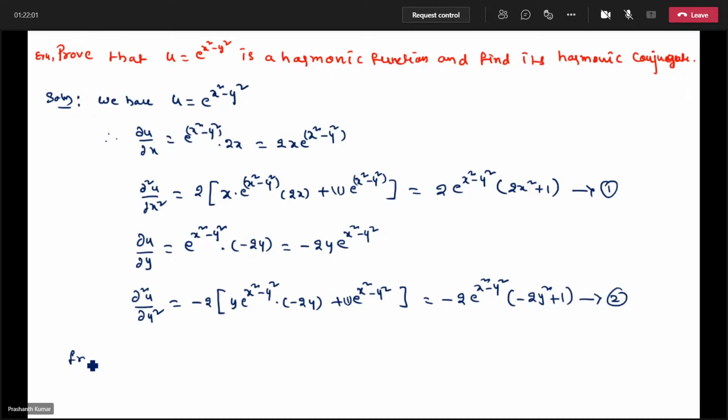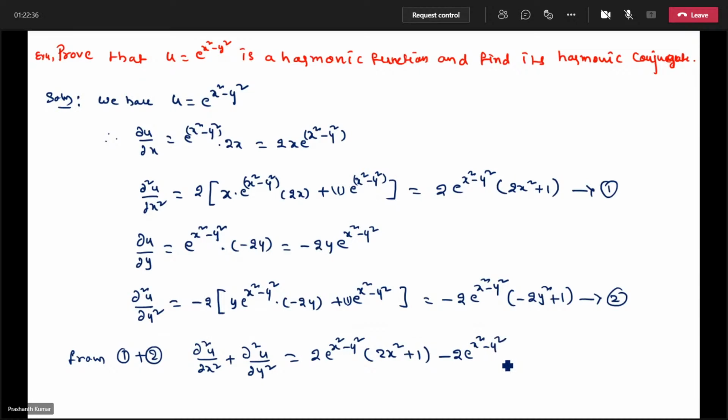Now these two you add, what happens? Dou square u by dou x square plus dou square u by dou y square is equal to 2 e to the power of x square minus y square into 2x square plus 1, minus 2 e to the power of x square minus y square into minus 2y square plus 1, which is not equal to 0.